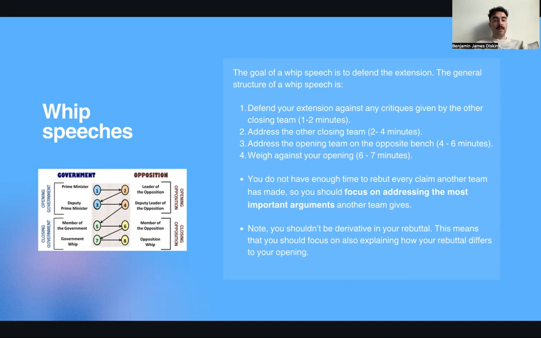So if opening government rebuts opening opposition by saying X, you pointing out X does not help you. It only helps opening government. And so another important thing to do at Government Whip is to explain why the way that you have engaged with the other teams in this debate, or at least the teams on the other bench, might be better than the way that your opening has engaged with them.